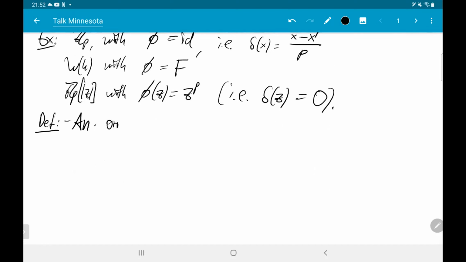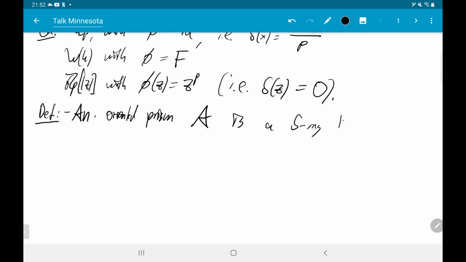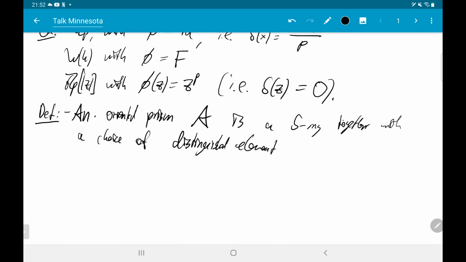An oriented prism A is a delta ring together with a choice of distinguished element d in A. And what does distinguished mean?